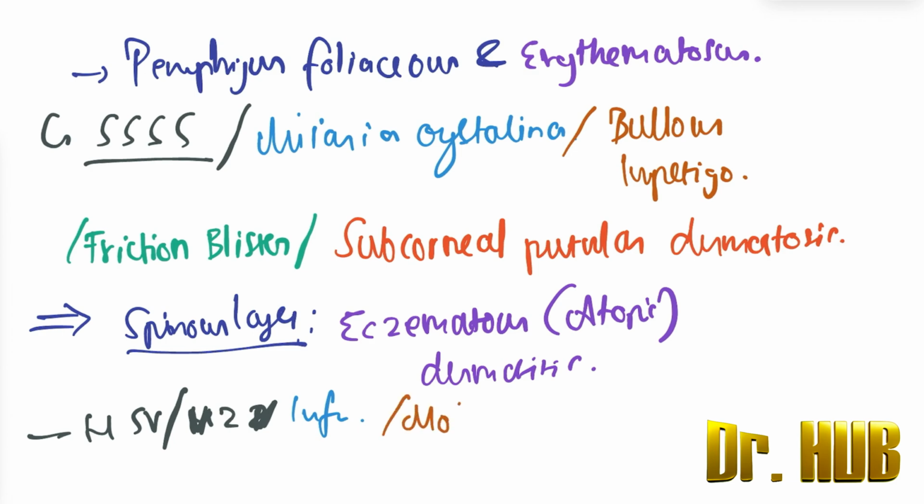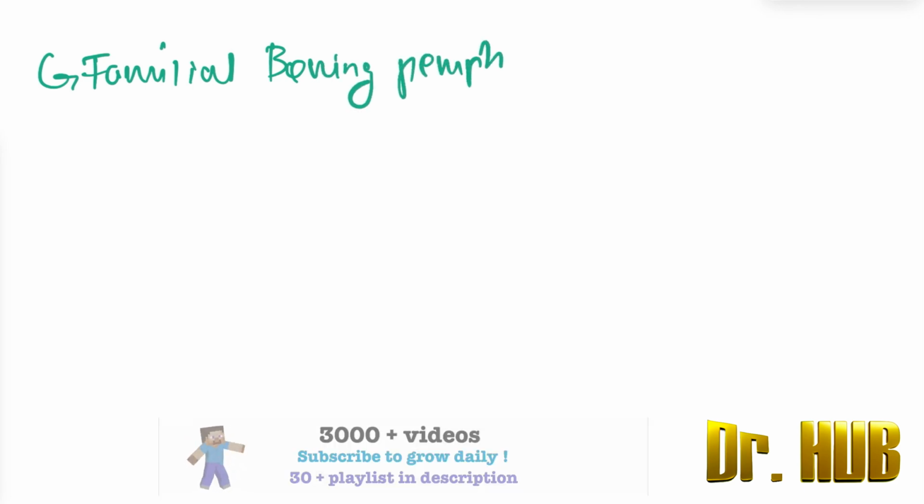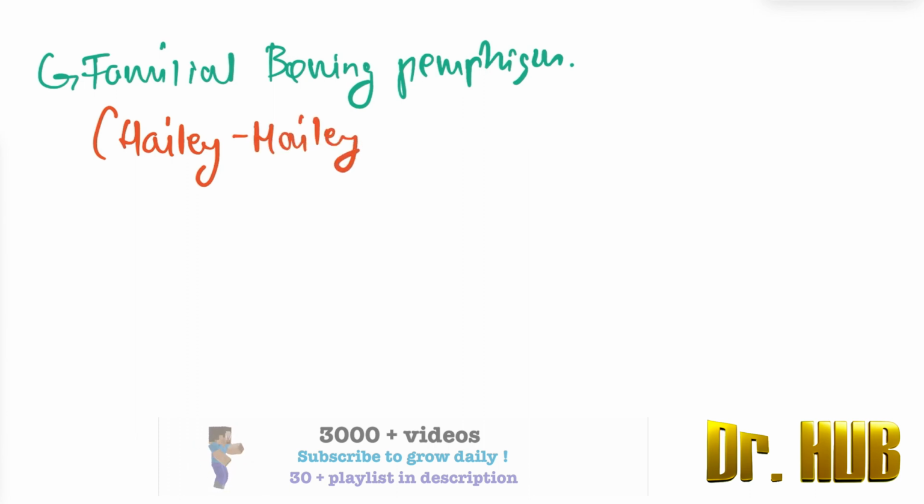Next comes molluscum contagiosum. Then there is familial benign pemphigus, which is Hailey-Hailey disease.